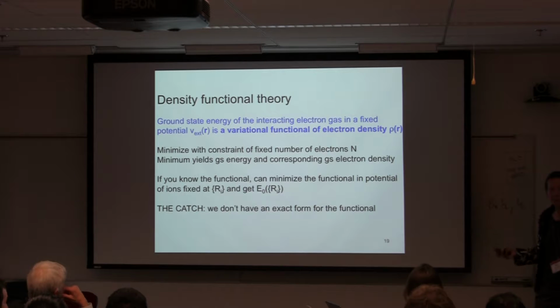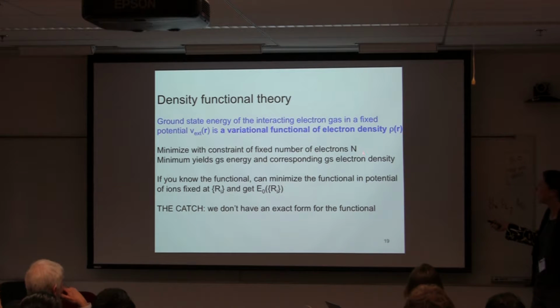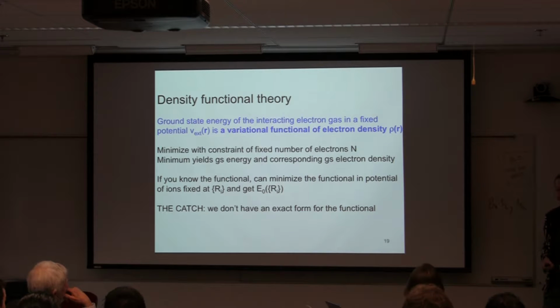So we're not talking wave functions, we're just talking about electron density. And if I have this functional, when I minimize it with respect to rho of r, corresponding to a given number of electrons n, the minimum of that functional is the ground state energy, and the density which minimizes the functional is the ground state electron density.